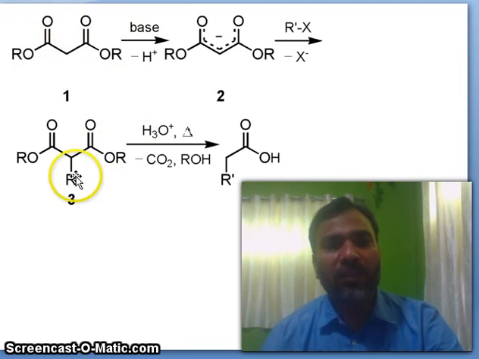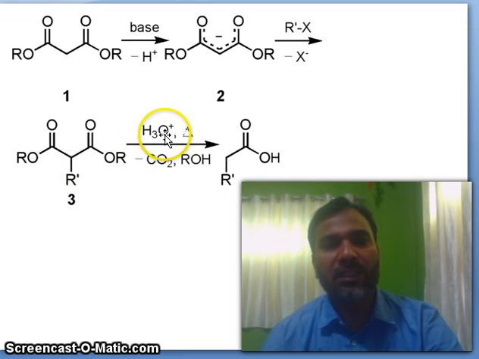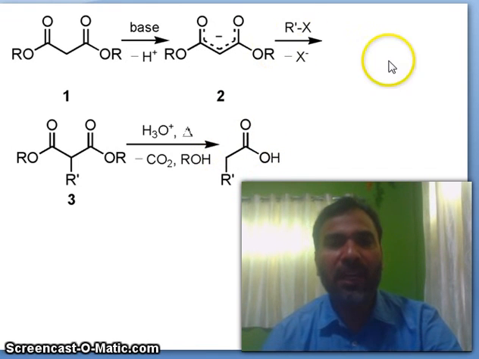Further, if this reacts with RX, an alkyl group is attached here, and on hydrolysis and heating it removes carbon dioxide, forming this product. So we know the COOH and CH2. This part is very important. It is coming from malonic ester, and these are coming from the alkyl halide.